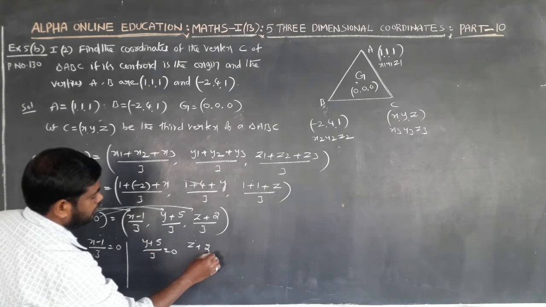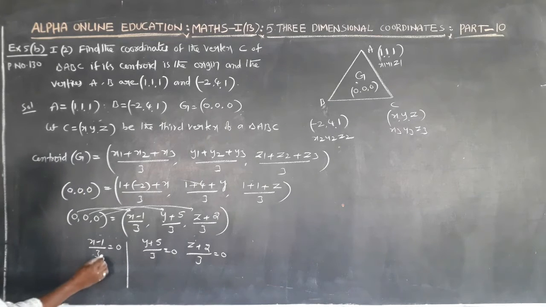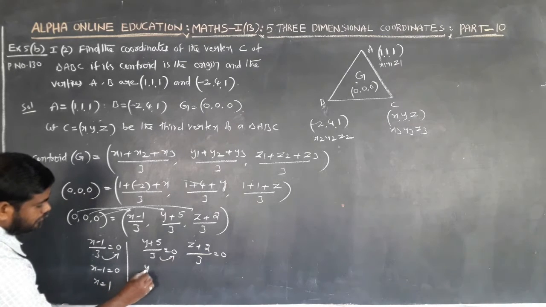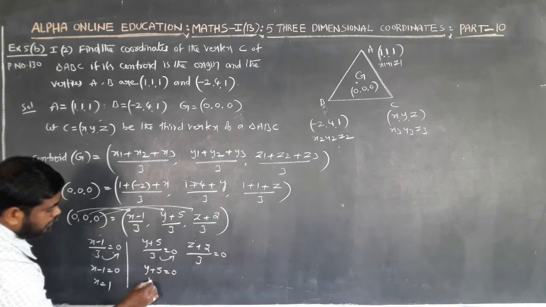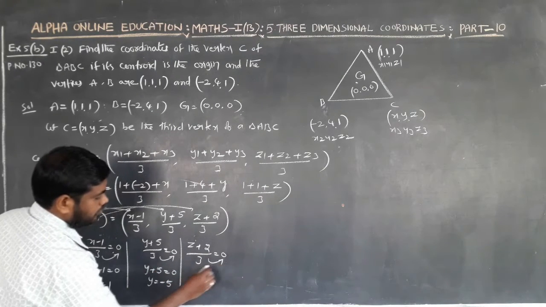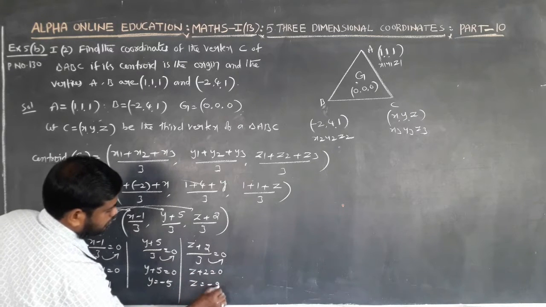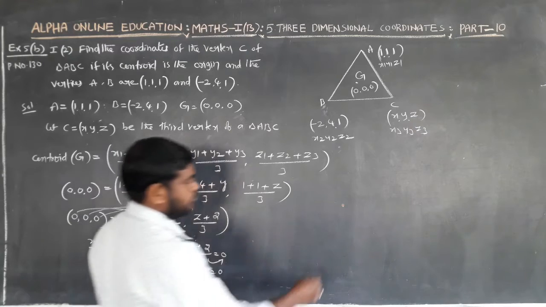Equating z coordinates, z plus 2 by 3 is equal to 0. So x minus 1 equals 0, x equals 1. y plus 5 equals 0, y equals minus 5. z plus 2 equals 0, z equals minus 2.